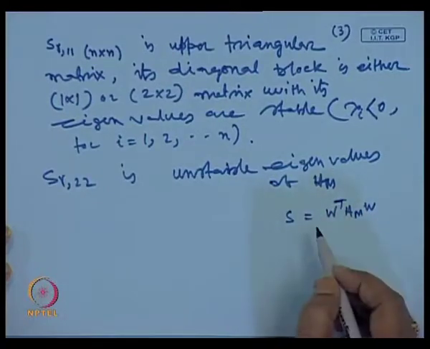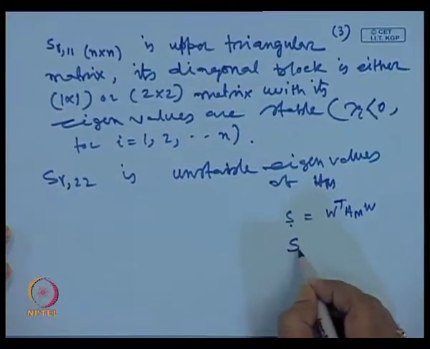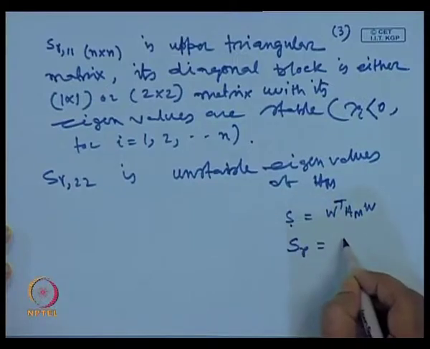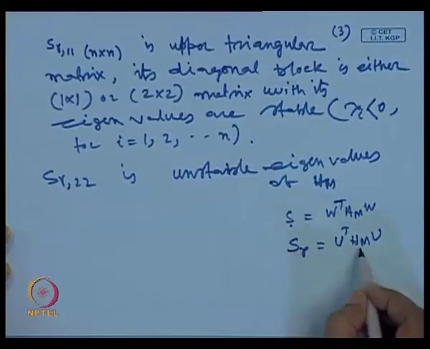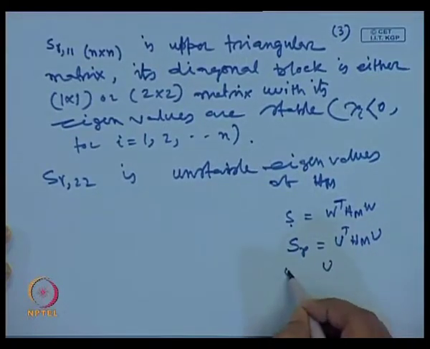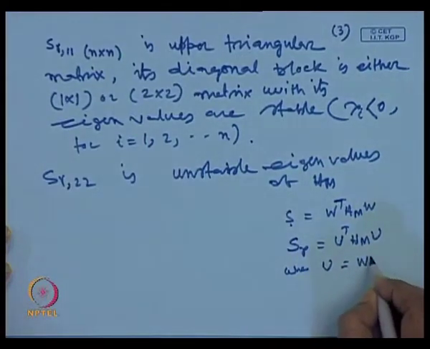Since we have again done a similarity transformation on S, that is SR equal to U transpose HM U, the eigenvalues of SR remain the same as the eigenvalues of HM, where U is equal to W V.